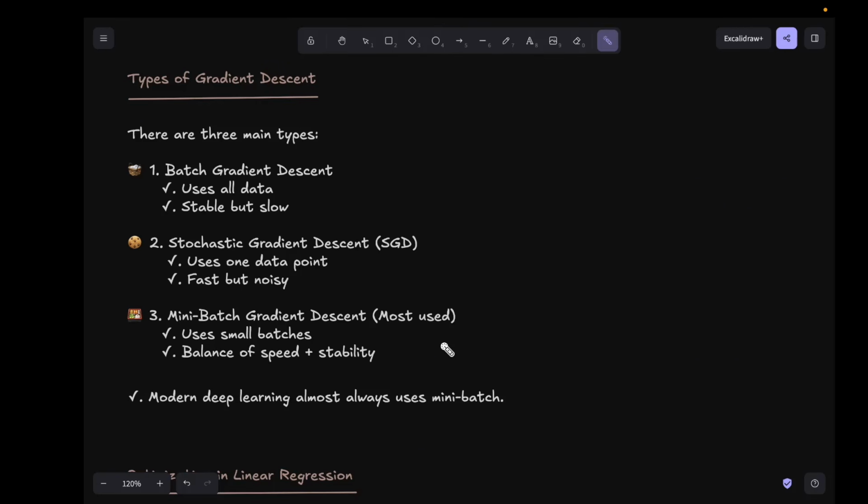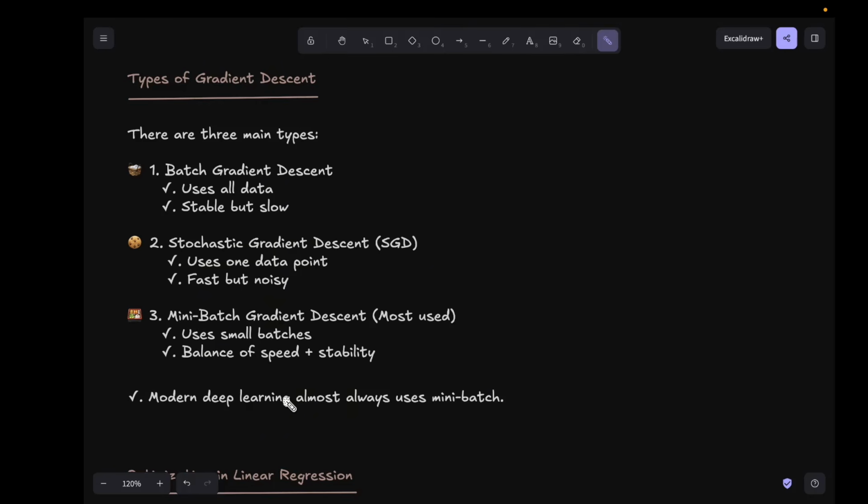So why is it the most used? You see, it uses small batches. The name is mini batch, so it uses small batches, and by using small batches, it balances speed and stability, and it gives the perfect value for a model.